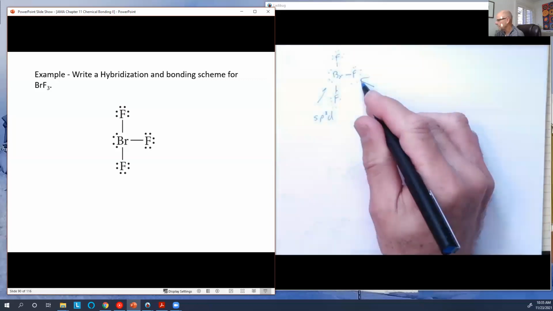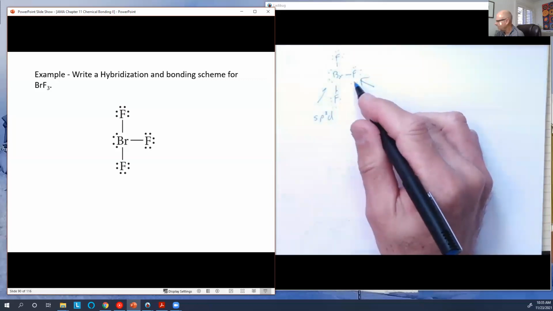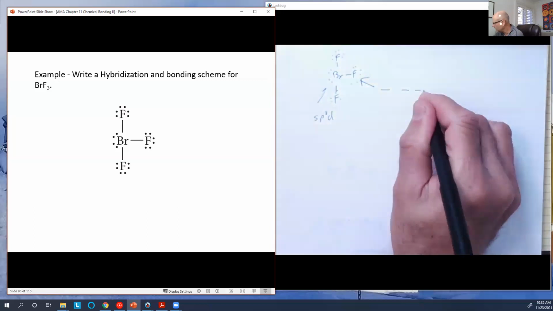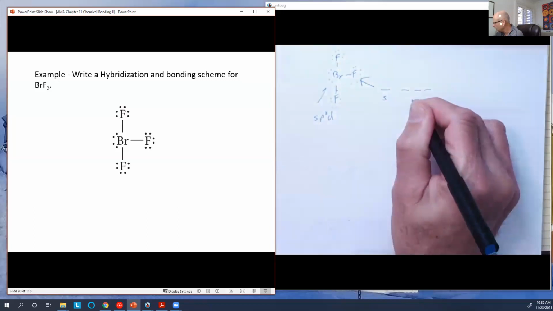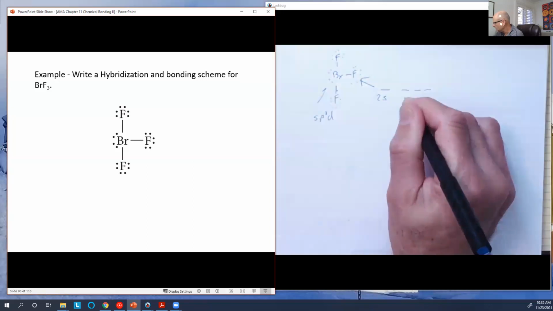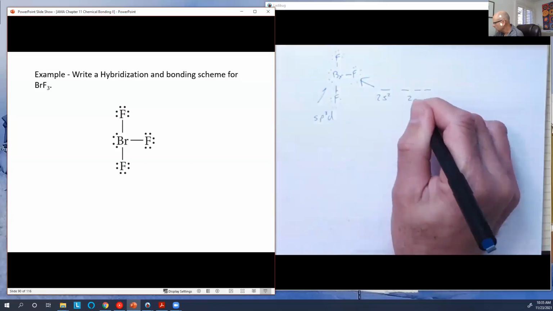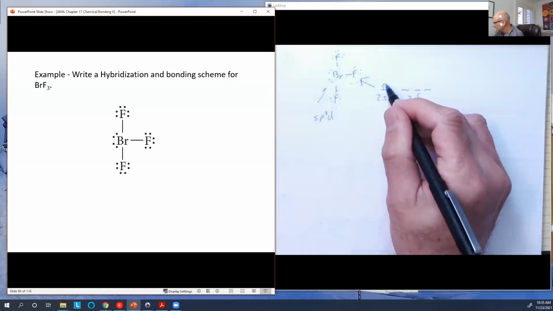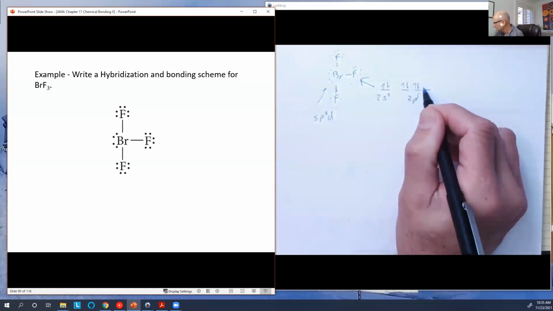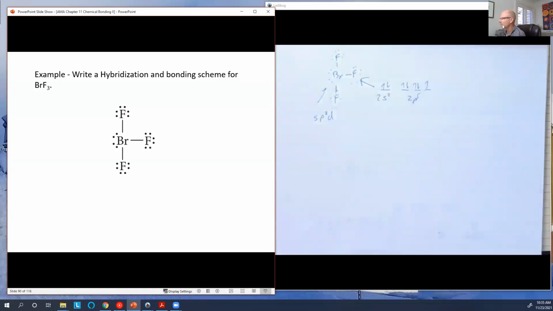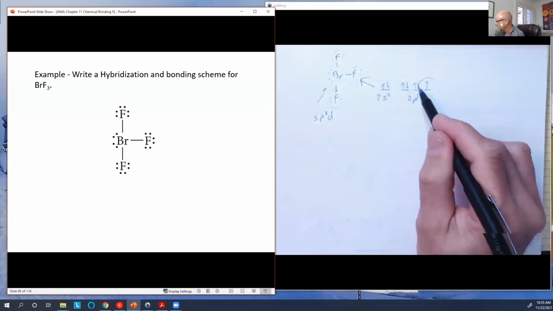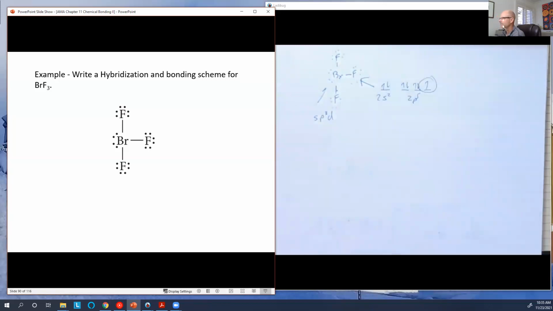So what kind of orbitals are involved there? Well, we have to look at the electron configuration for fluorine, and we know it's 2s2, 2p5, right? So what kind of orbital is going to be involved in bonding with the fluorine? It's going to be a p orbital, right?